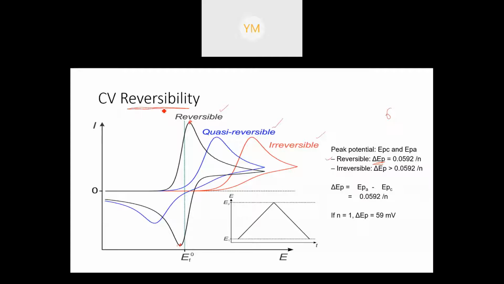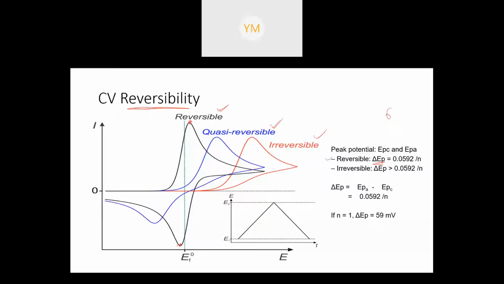What is the reaction? Oxidation and reduction. Whether they are reversible, quasi-reversible, or irreversible. How do you know that the reaction is reversible? By looking at the cyclic voltammogram.